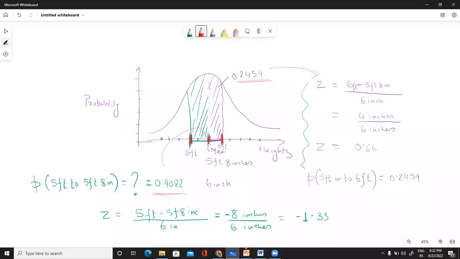So if we want to find the probability of getting 5 feet to 6 feet, all the way till 6 feet, that will be equal to 0.4082, that is this value, plus 0.2454. If we simply add that, it will be 0.6536.